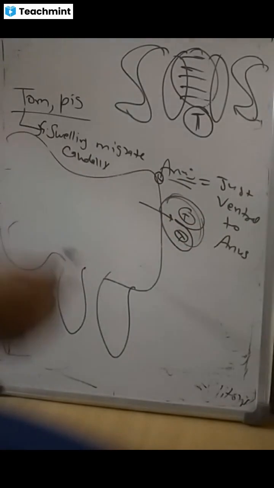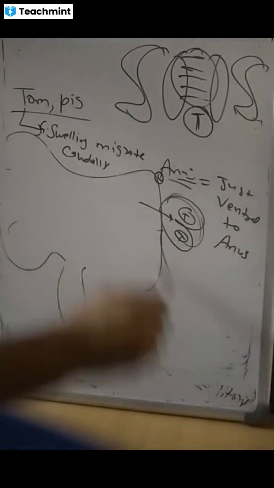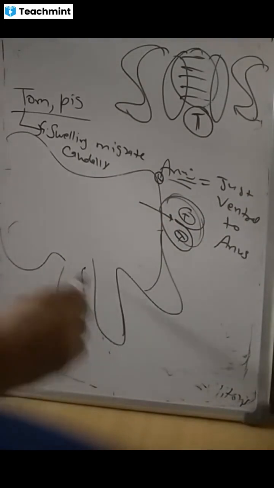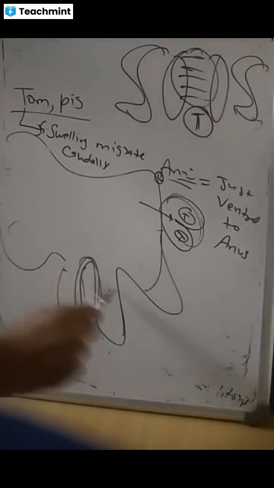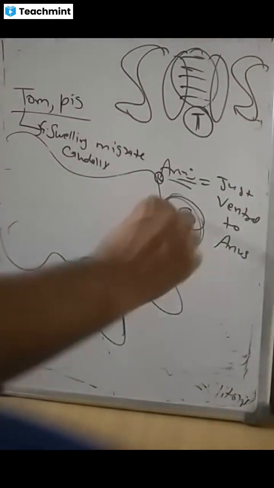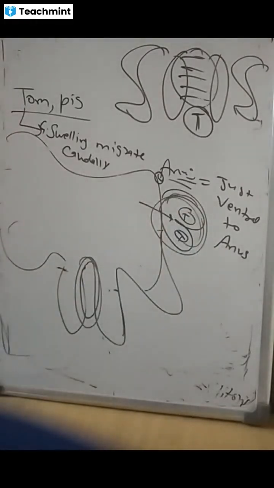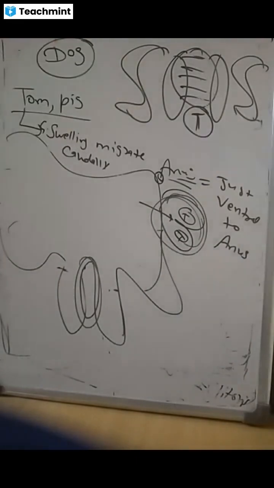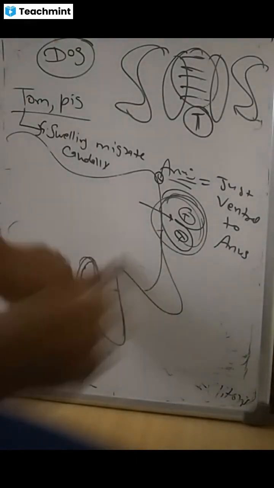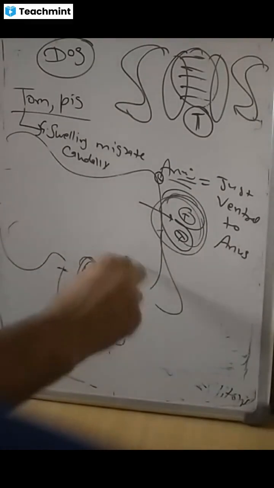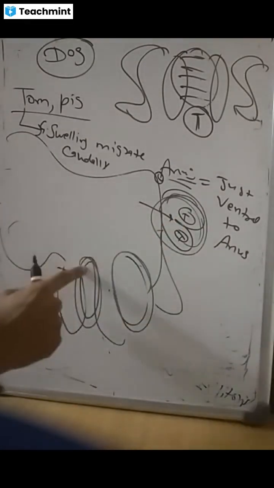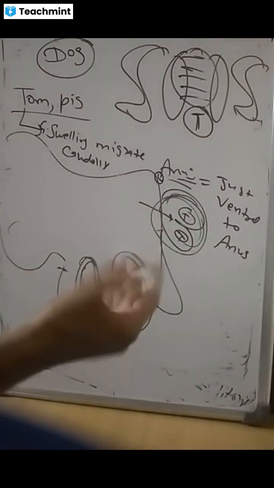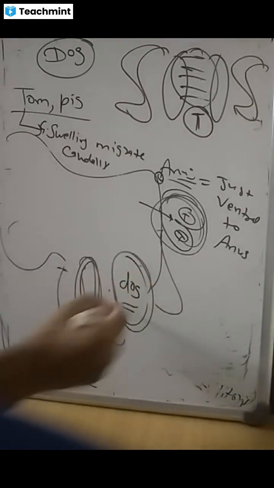But as we saw in horse and ruminants, it was present in the inguinal region. In case of dog, the scrotum is present in between these two, between the anus and the inguinal region.